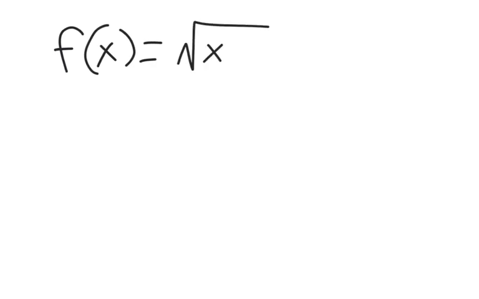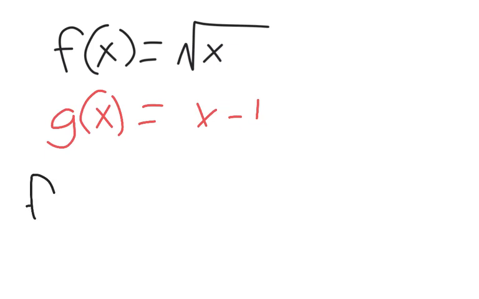If I had f of x equal to the square root of x and g of x equal to x minus 1, what if I wanted to find f of g of x?